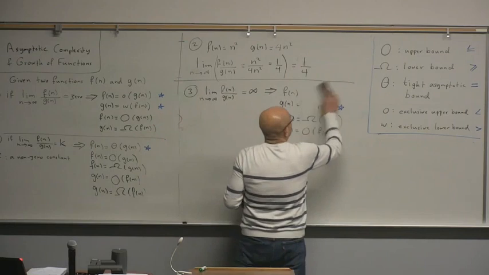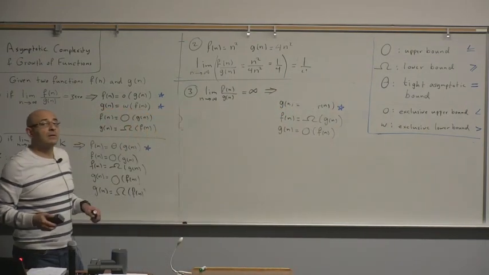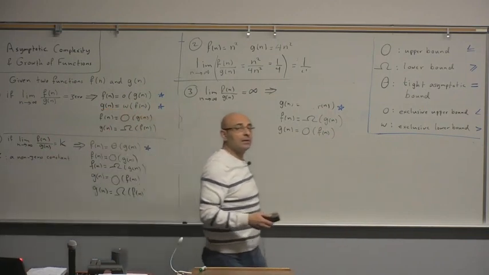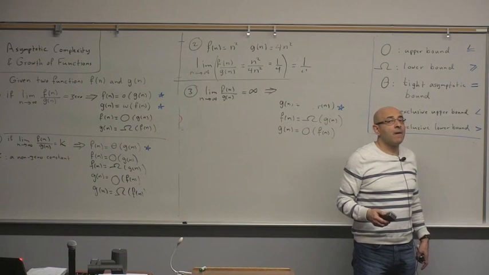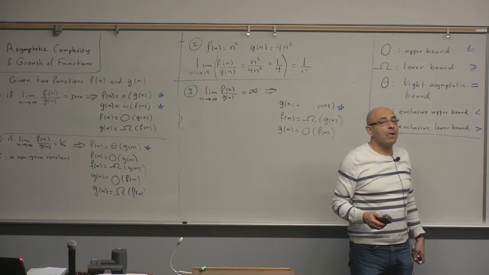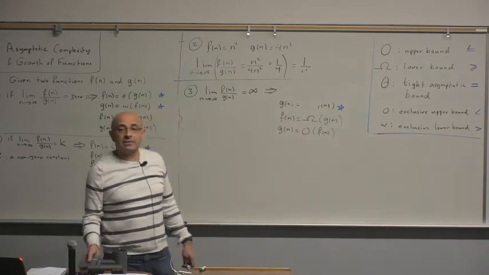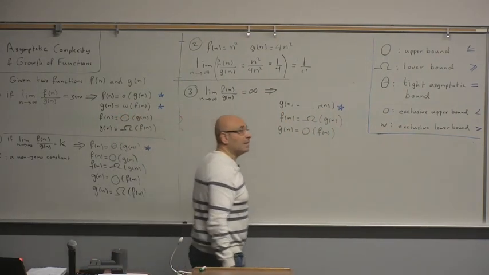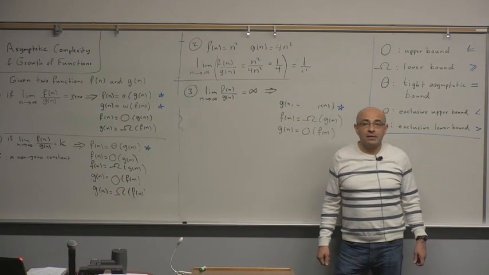Question: going back to the insertion sort example, you said that big O is n squared, and omega is n. Why is theta n squared and not n? Because we did the precise analysis, and the precise analysis gave us n squared. It did not give us n.